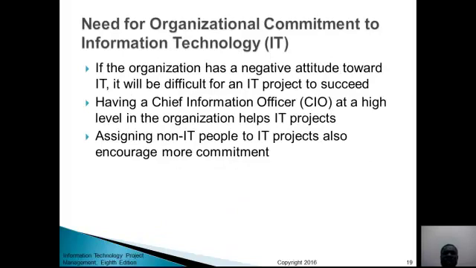Then we have need for organizational commitment to information technology. And here, if the organization has a negative attitude towards IT, it will be difficult for an IT project to succeed. Having a chief information officer at a high level in the organization helps the IT project.